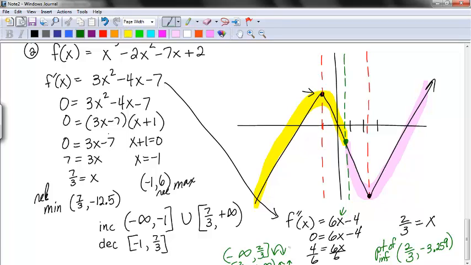That'll find your points of inflection. Find the y value for your point of inflection. Then there's got to be a change in concavity, so test points to the left and to the right back into the second derivative. If it's positive, it's concave up. If it's negative, it's concave down. Good?